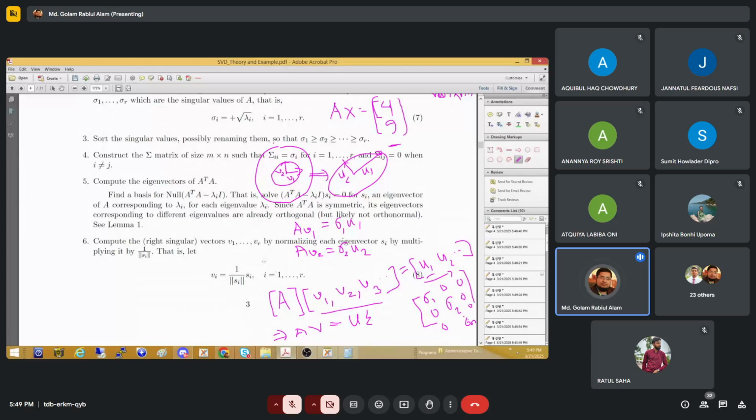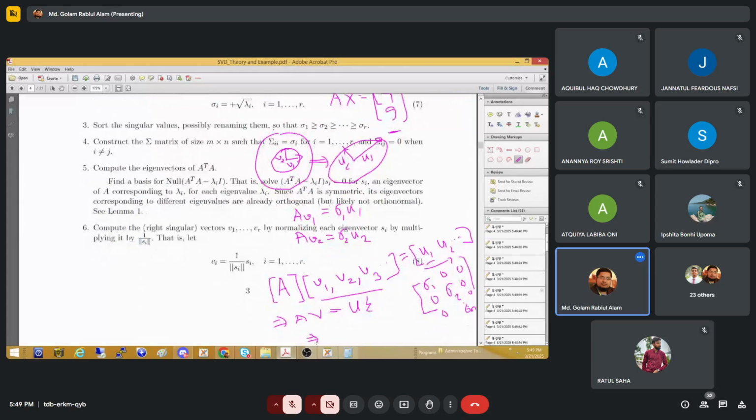And then what we can write here is A equals U sigma V inverse. But we know that if V is our orthogonal matrix, then the inverse of that is equivalent to our transpose.